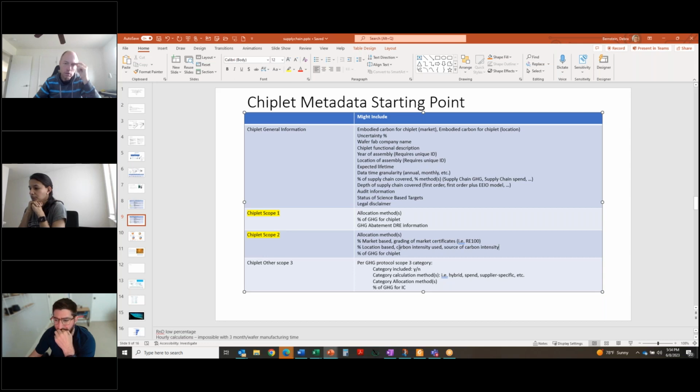Right, typically it would be the grid carbon intensity. But we could say and/or percent of on-site renewables. We could put something like that in there to cover this.